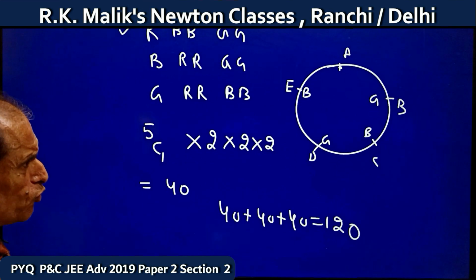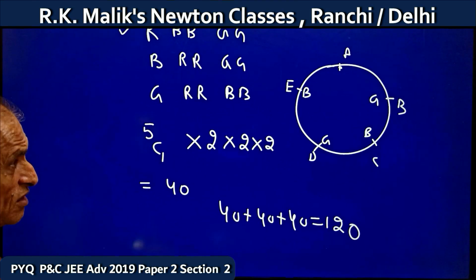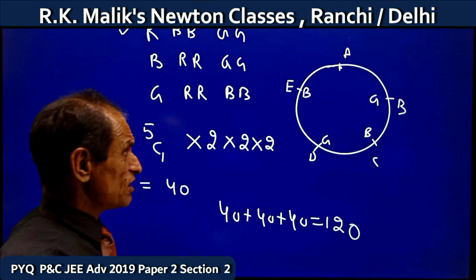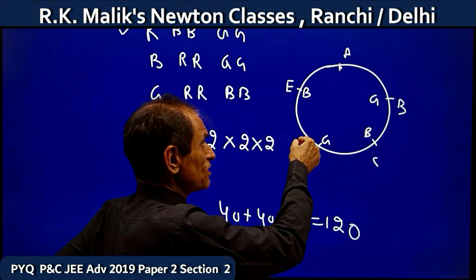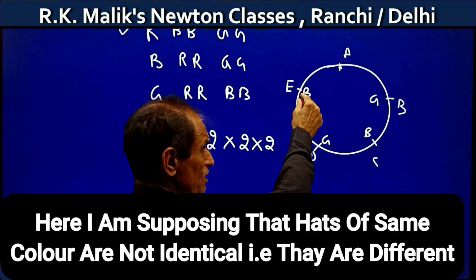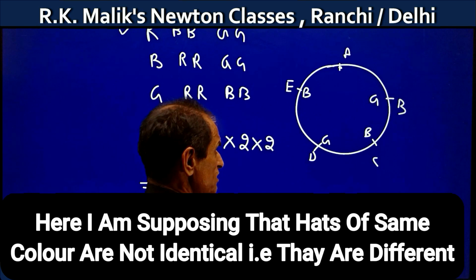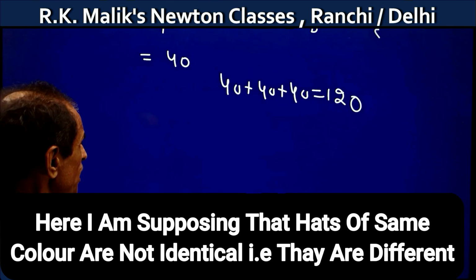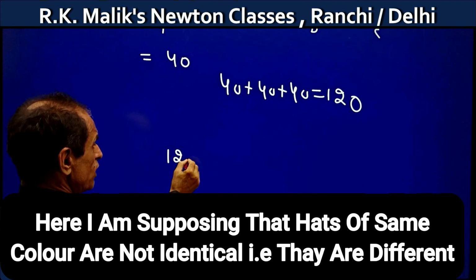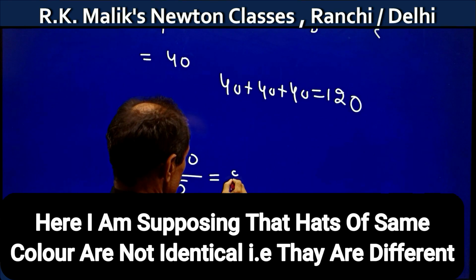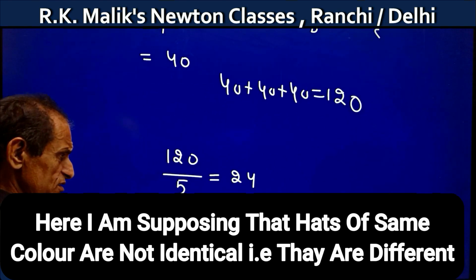Keeping the theory which I told you in the very beginning in mind, think yourself what will be the answer if persons are not there. Just we have to arrange 5 hats around a circle, all other conditions same. In that case, number of arrangements will become 120 by 5, that is 24 cases.